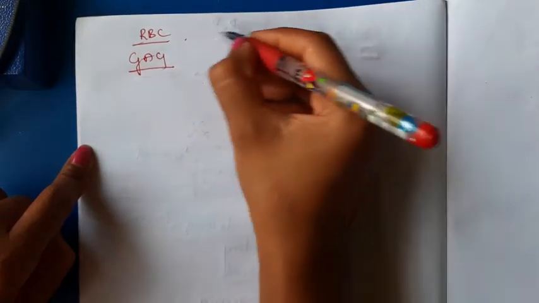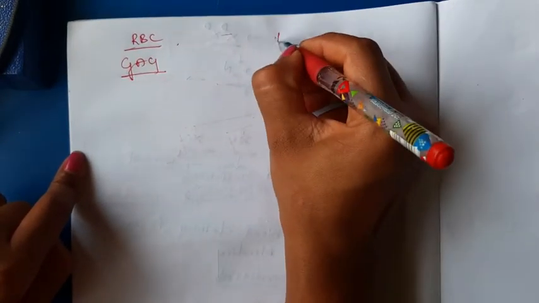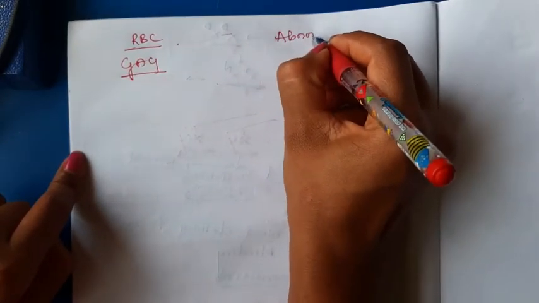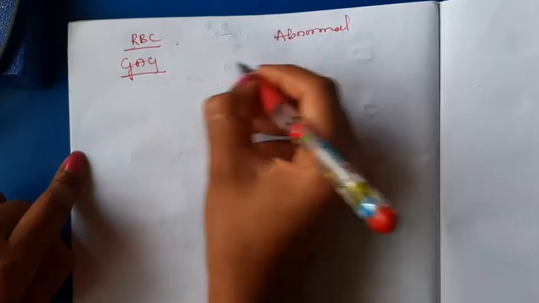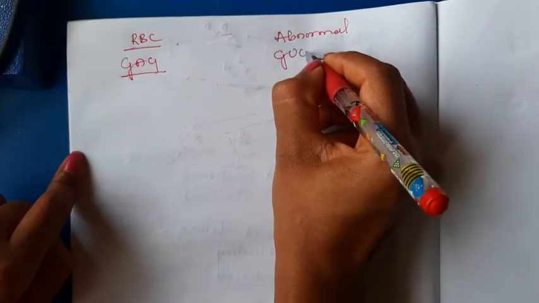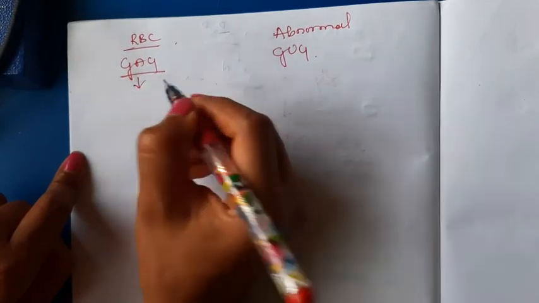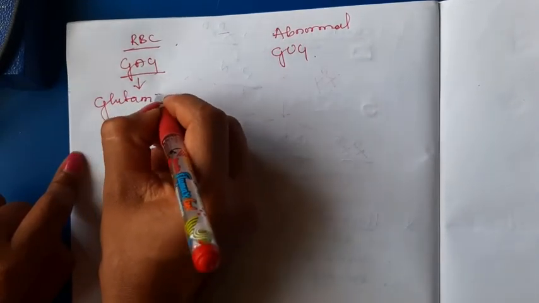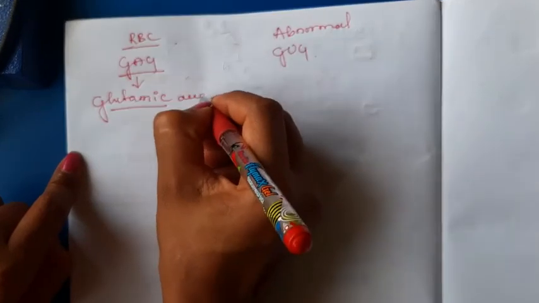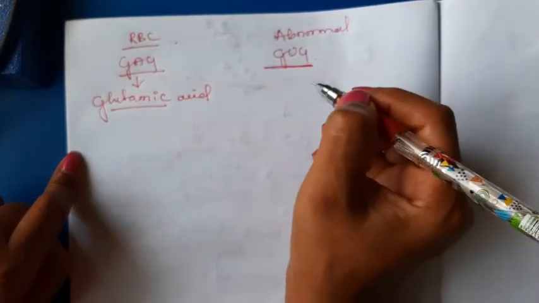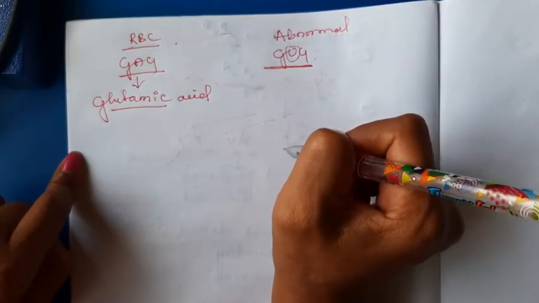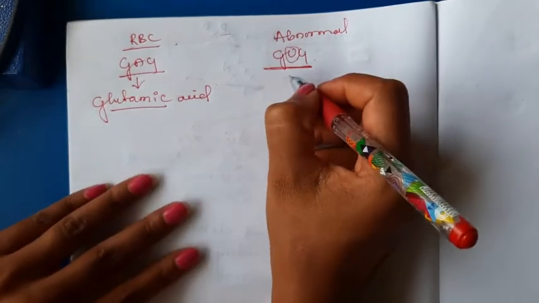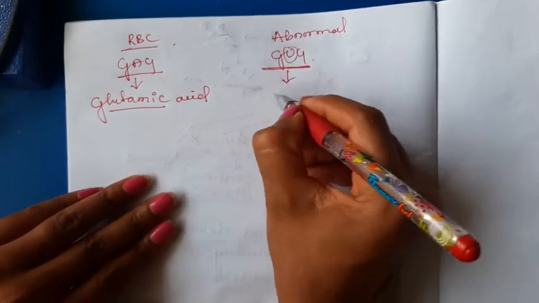In the abnormal condition, instead of GAG, it is GUG. I told that GAG codes for glutamic acid, but GUG, by changing only a single nitrogen base, codes for valine.